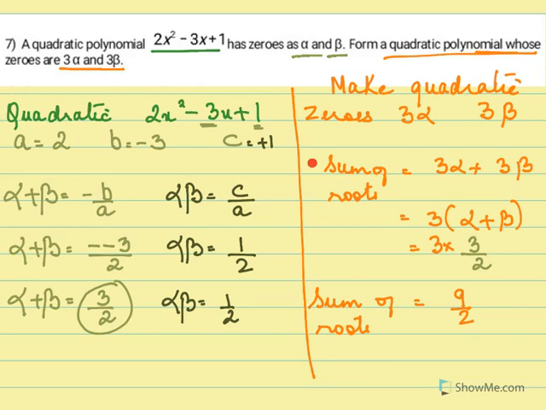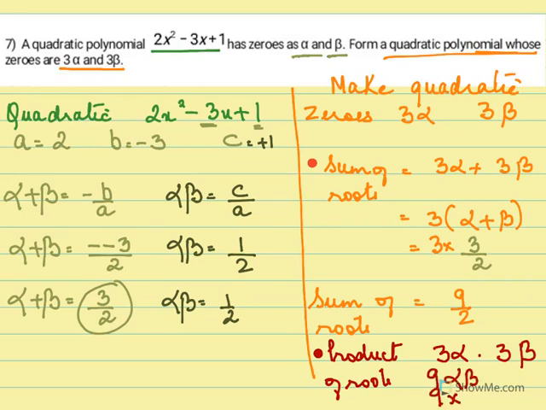Now for the second step, we need the product of roots. So we are going to find the product of roots. 3 alpha is one root, 3 beta the other. So that is 3 into 3, 9 alpha beta. 9 into alpha beta, which is 1 by 2, so that is 9 by 2.